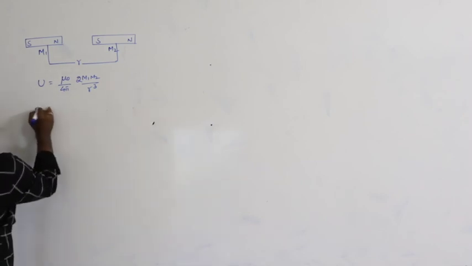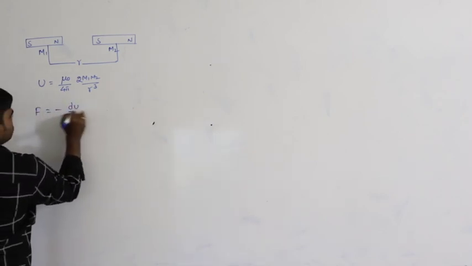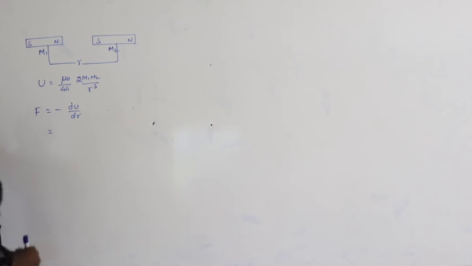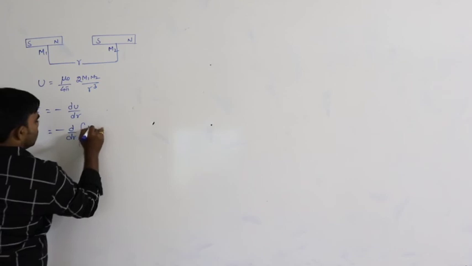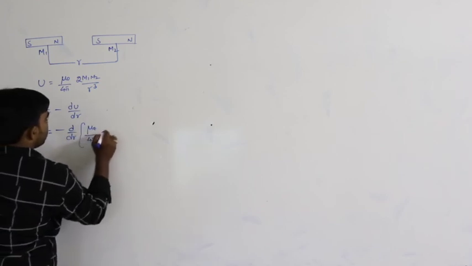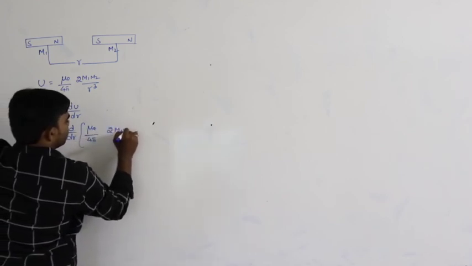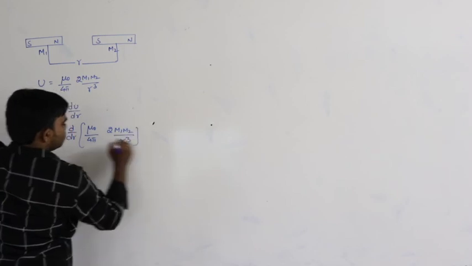So force can be written as minus dU by dr. Negative differentiation of energy with respect to distance gives force. So minus d by dr of mu naught by 4 pi 2 m1 m2 by r cube.